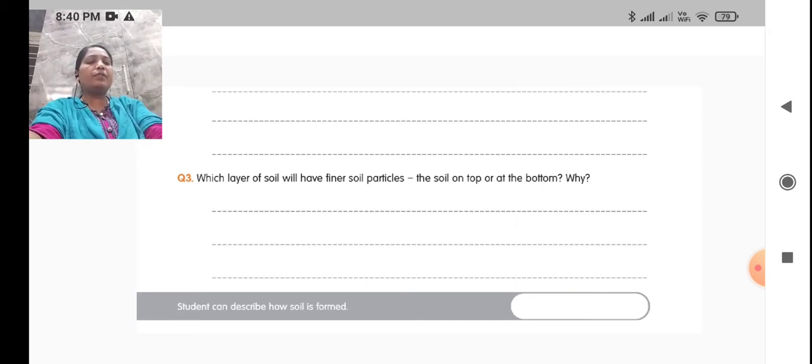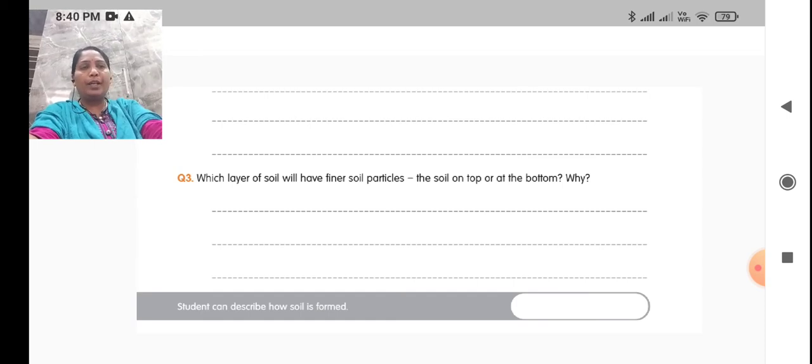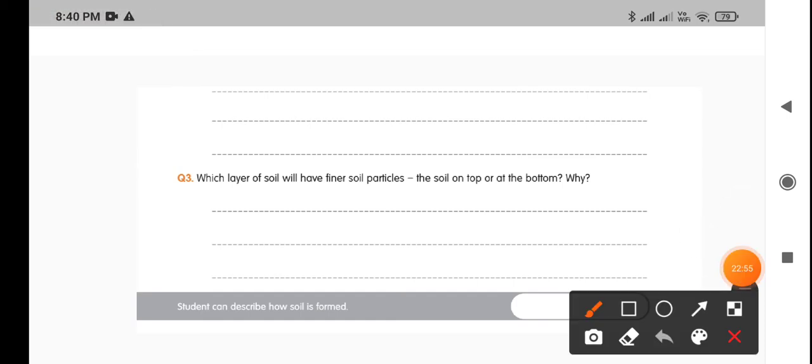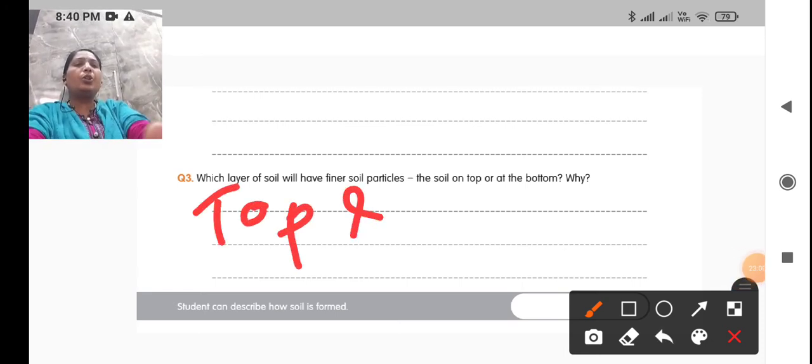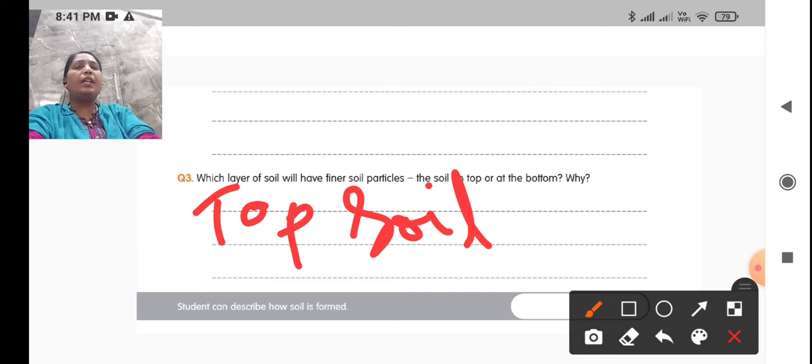Which layer of soil will have finer soil particles? The soil on the top or at the bottom? Why? Very good question. Just now we discussed it. The topsoil has very fine soil particles.